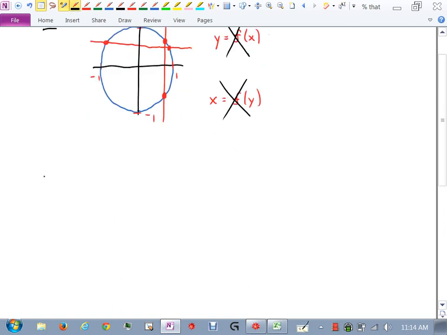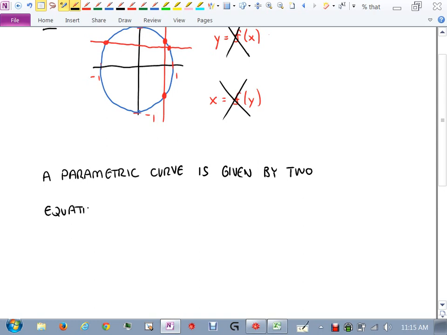So a parametric curve is given by two equations. The first one is x equals something, we'll talk about it, and then y equals something.